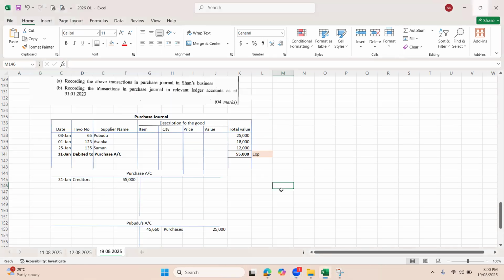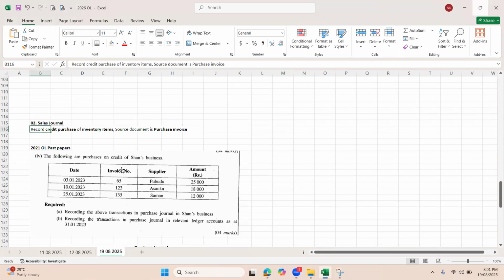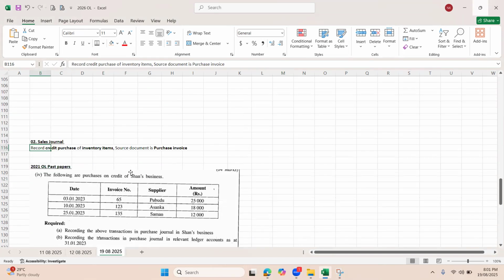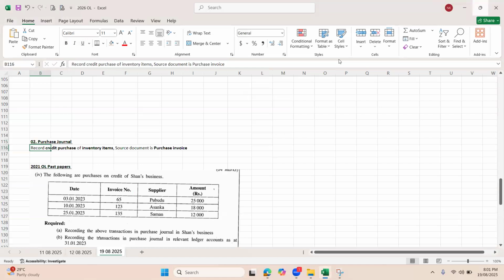Right, very important. So the purchase account we have already learned. Just to summarize again: the purchase journal is used to record credit purchase of inventory items. The source document used is the purchase invoice.